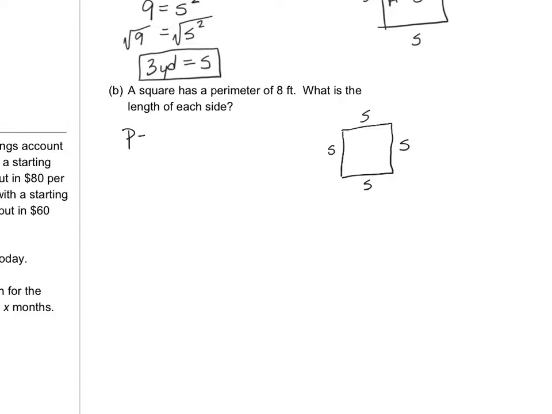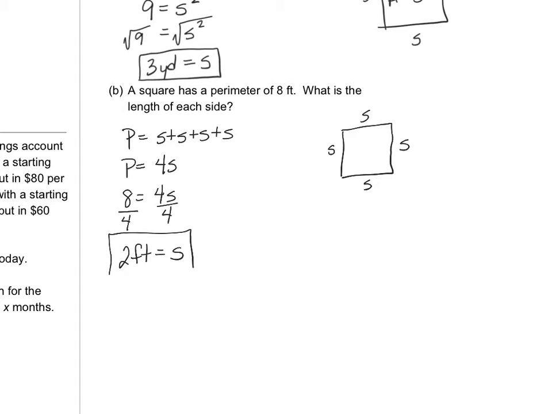Remember, perimeter is the length around a shape, which in this case means S plus S plus S plus S, or we could say perimeter equals 4 times S. I know that my perimeter is 8 feet, and I need to solve for the length of the side. So I'm going to divide both sides of my equation by 4, and I get that 2 feet equals 1 side. Again, using my units in my answer.